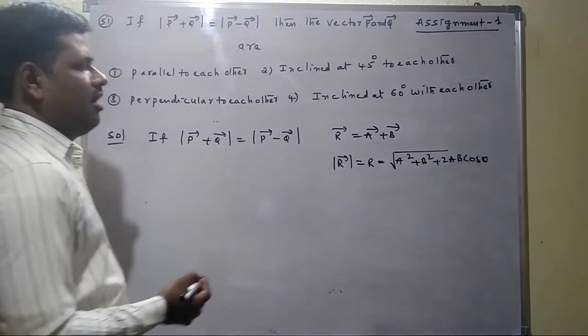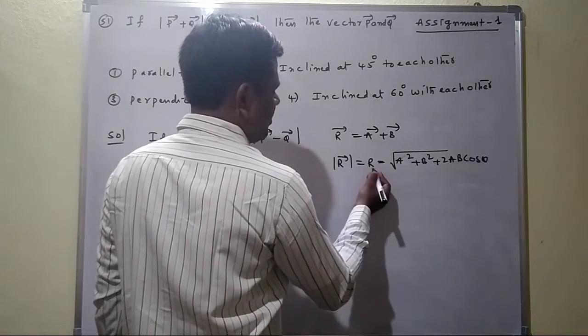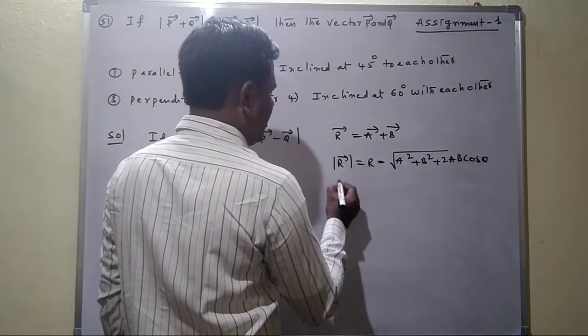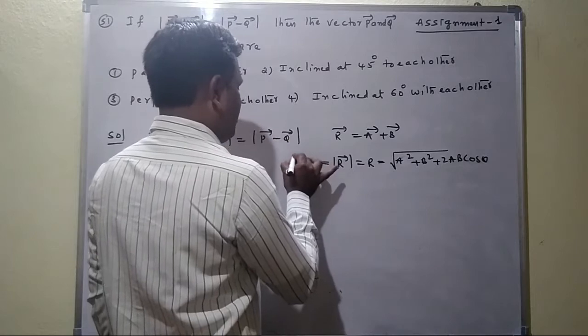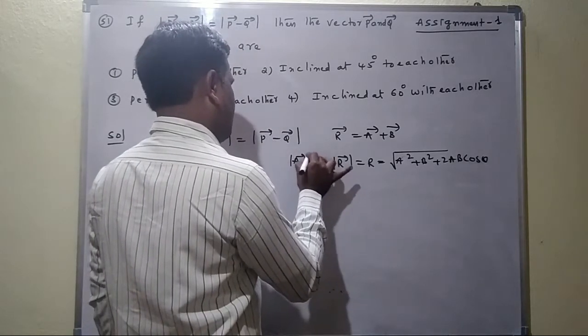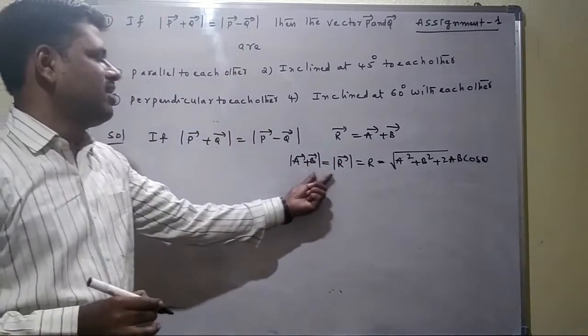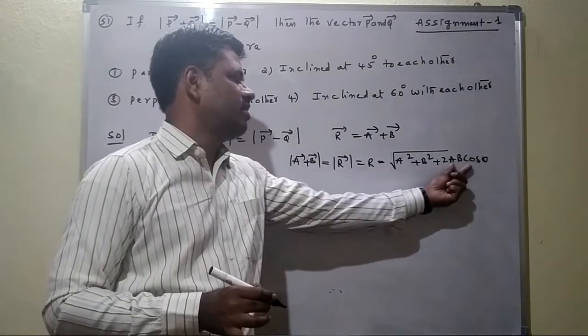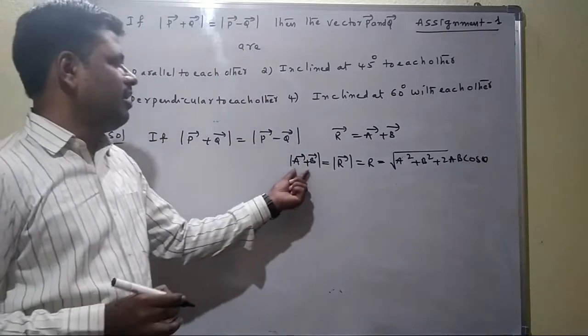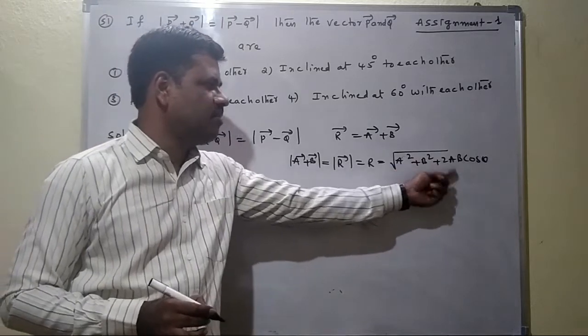This mod R bar is nothing but mod A bar plus B bar, which is equal to under root of A square plus B square plus 2AB cos theta. Mod A bar minus B bar means A square plus B square minus 2AB cos theta.